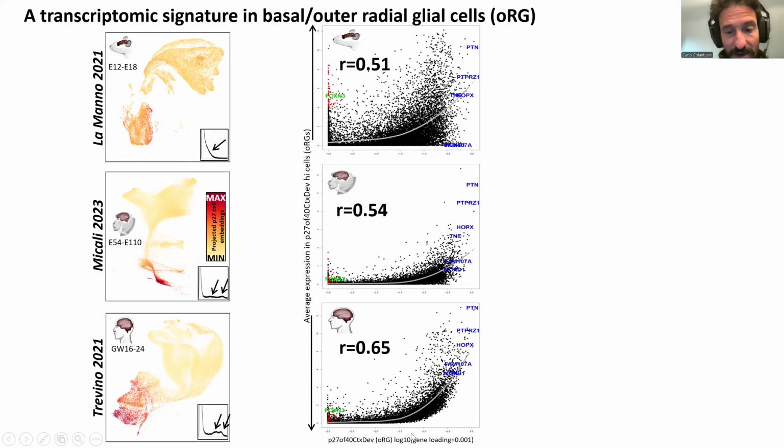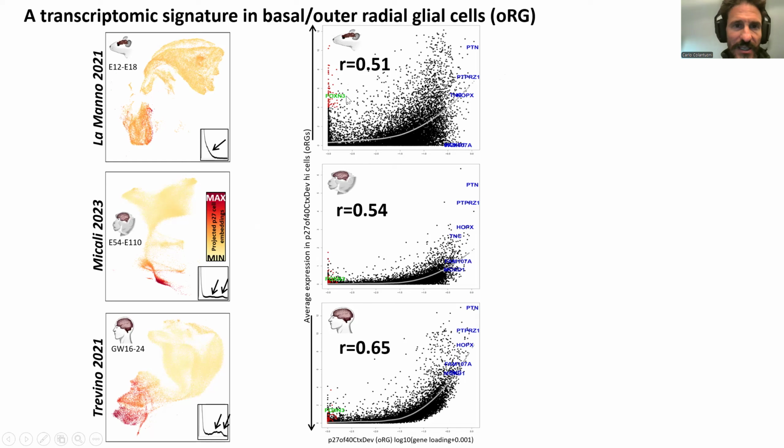So if you're in the pattern and you're in these cells in the human, you're high, and if you're not in this pattern, you're off in these cells. But in the mouse, there's these genes that are not in the pattern but are in these cells. And again, this contributes to our view of this program as something that over evolutionary time has become more cohesive.